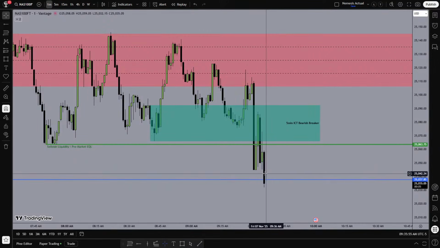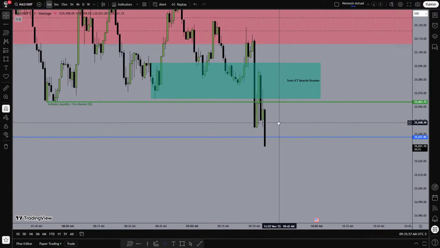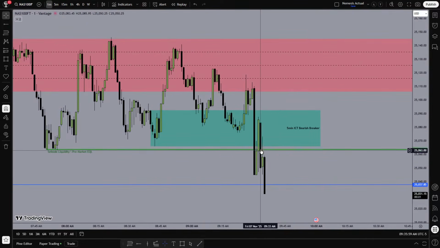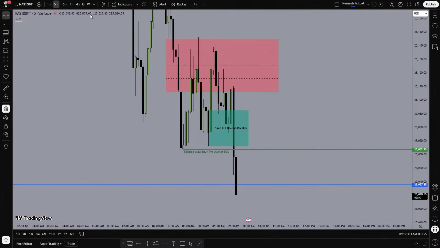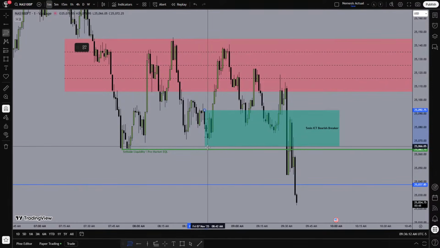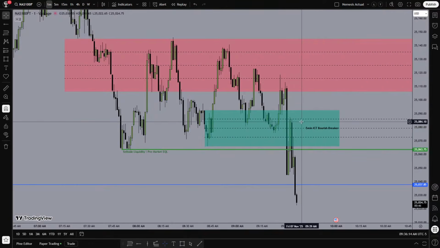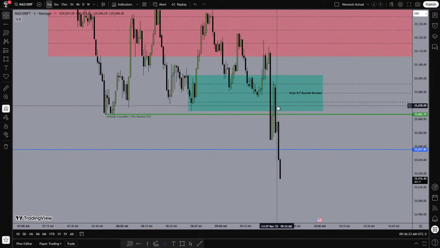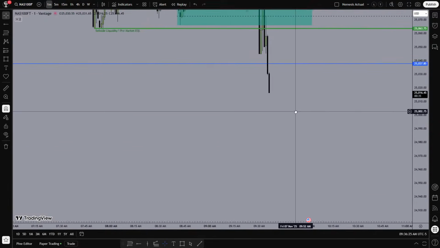There's that rejection block taken, and that bearish breaker on the 5-minute was used right there. So I could split it in quadrants, and look at that quadrant level, hits it, respects it one more time, and then fails to hit the mean threshold and surges lower.